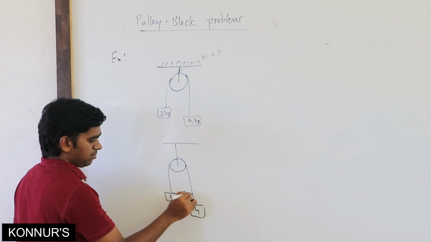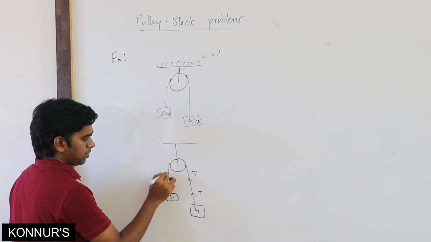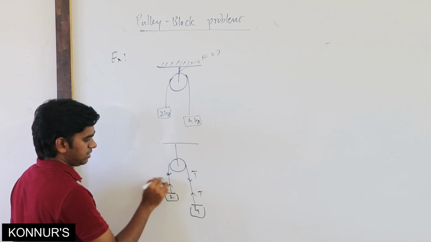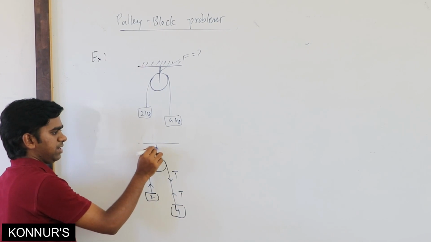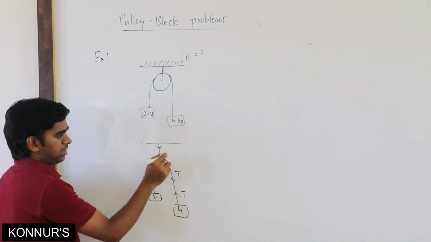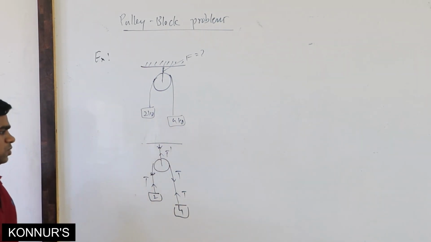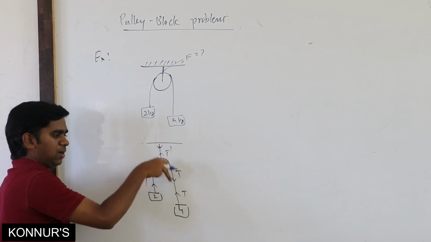So tension will come here in upward direction. So T is there here. So what is the tension in this one? You can take it as T dash. Okay. So what will happen? This T dash is equal to the net downward force.